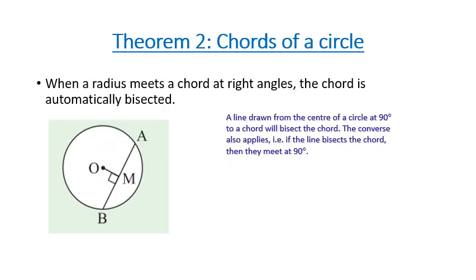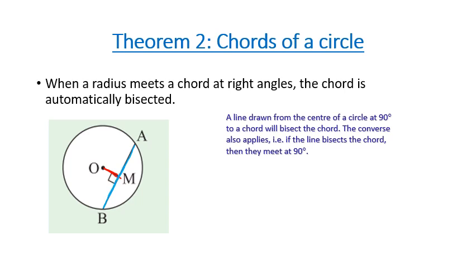Okay, so the second theorem we're going to look at is chords in a circle. Now, you will remember from our previous slides that the chord is a line that passes through a circle that doesn't go through the center. But when you have a radius that meets a chord at right angles, as pictured here, in red is our radius, the chord can be in blue.